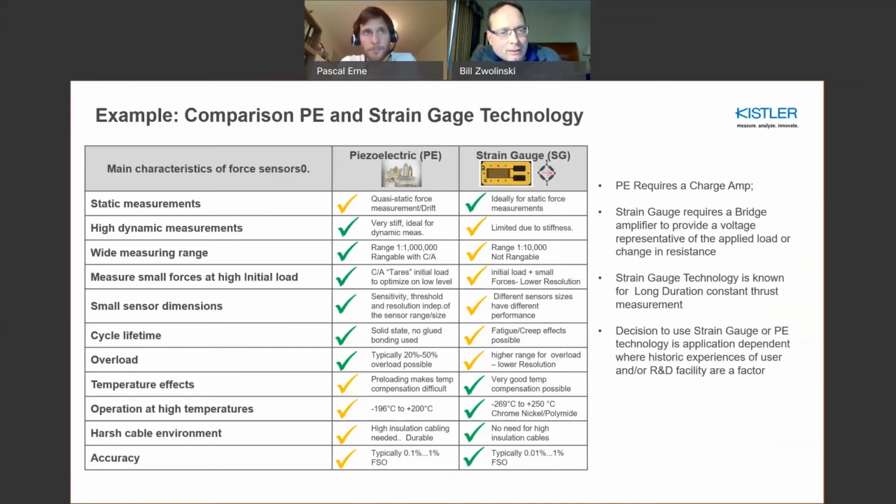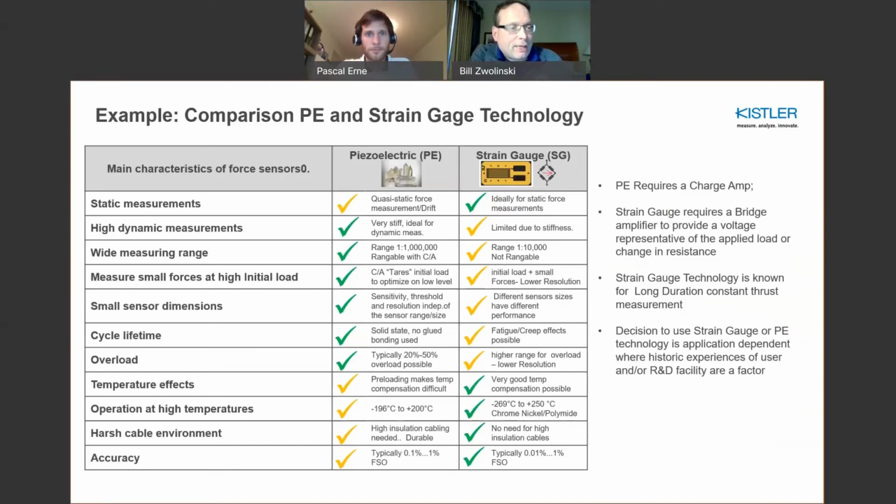What's really a real plus in a lot of the applications I've talked about here is that you can basically take the initial load and tare it out of the measuring range solution. So if you have got a 1,000-pound, or I don't know, what is that? That's around 4 kilonewtons static load on your dynamometer.